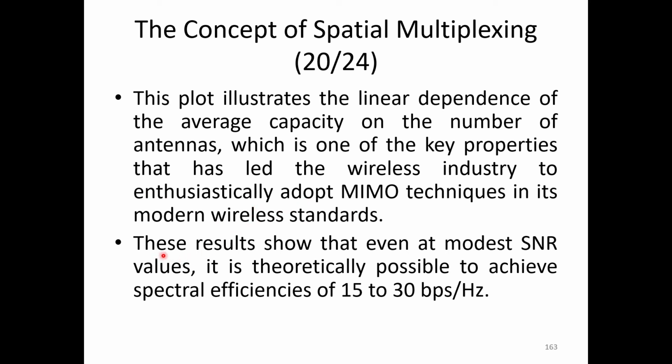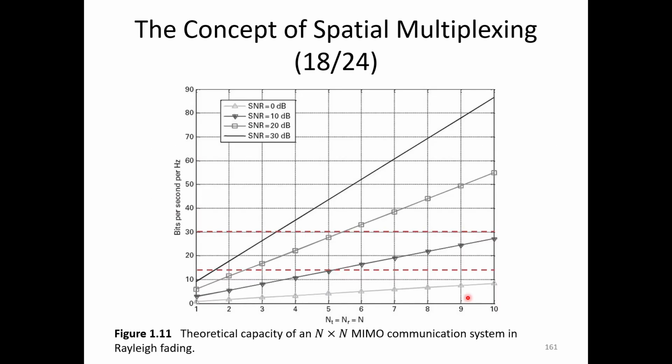Okay, these results show that even at modest SNR values, it is theoretically possible to achieve spectral efficiencies of 15 to 30 bps per hertz. Back to figure 1.11. This is the line at 15 bits per second per hertz, and this is the line at 30 bits per second per hertz.